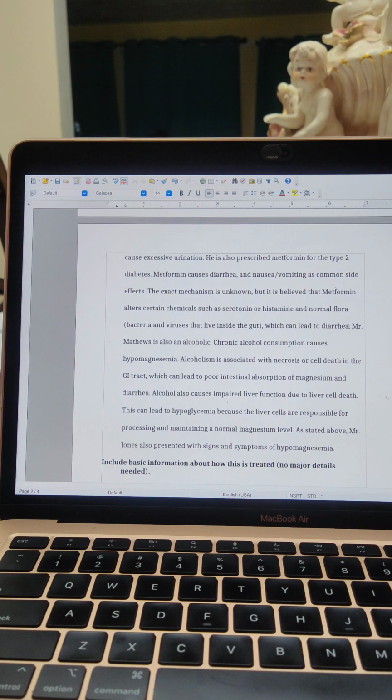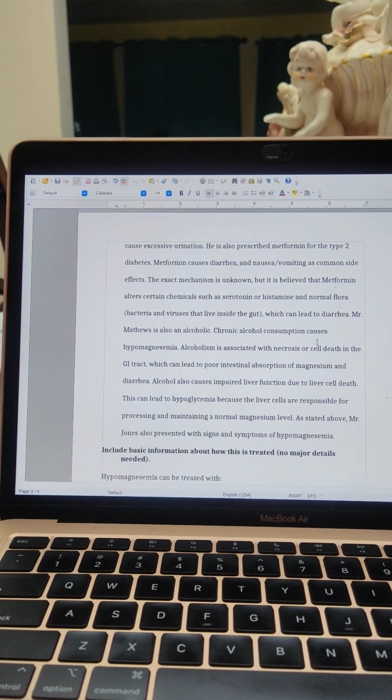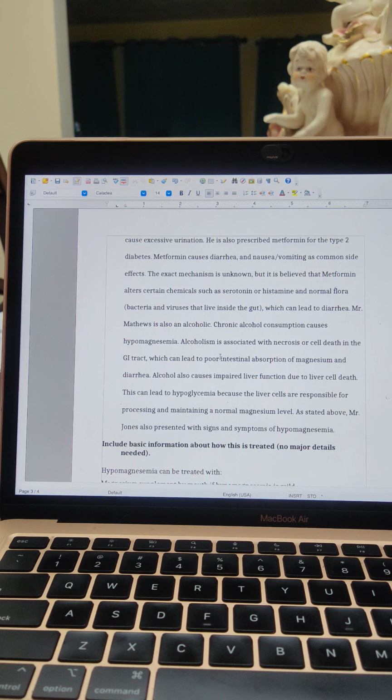Mr. Matthews is also an alcoholic, and chronic alcohol consumption causes hypomagnesemia as well. Alcoholism is associated with necrosis, or cell death, in the GI tract, which can lead to poor intestinal absorption of magnesium and other electrolytes, and can also lead to diarrhea.